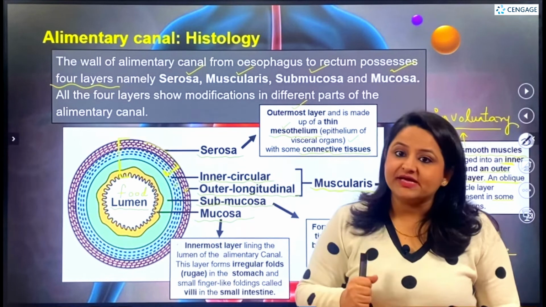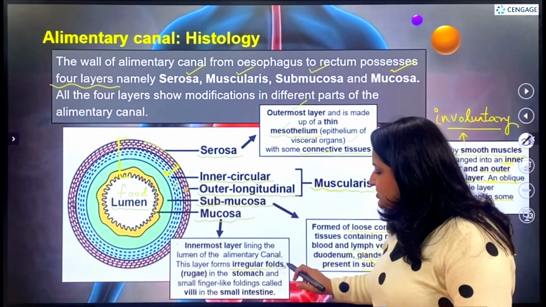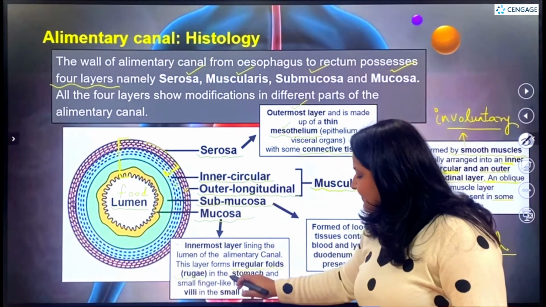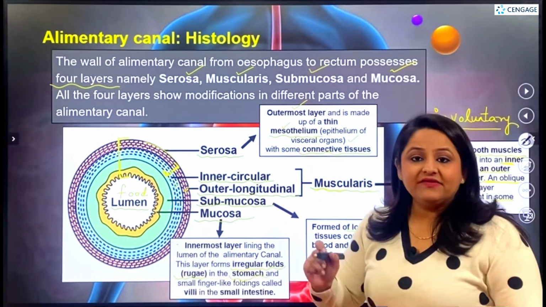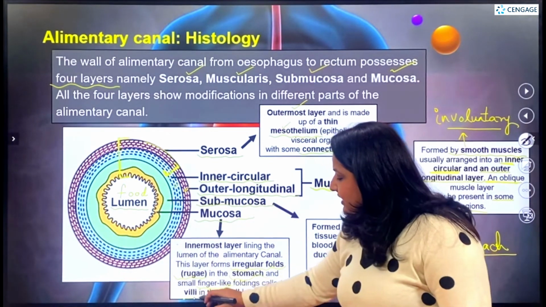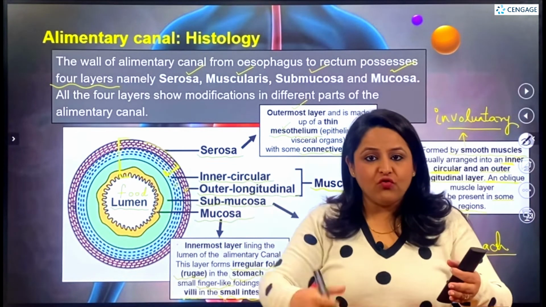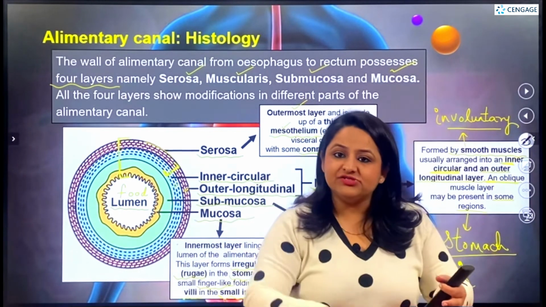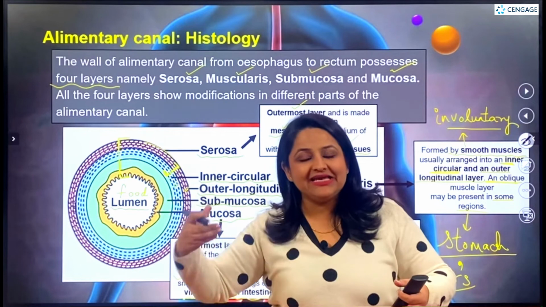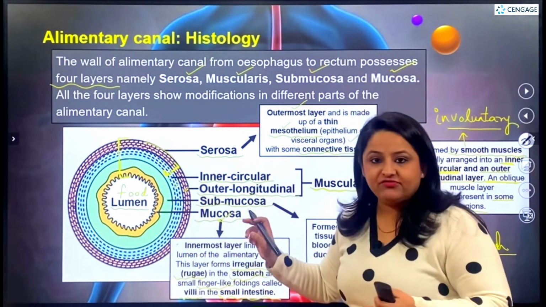It can have various types of arrangements, like irregular folds which are known as rugae in the stomach, and small finger-like foldings known as villi in the small intestine. So loose folds known as rugae are seen in the stomach. They are modifications of mucosa itself.